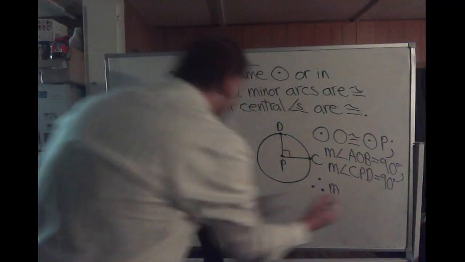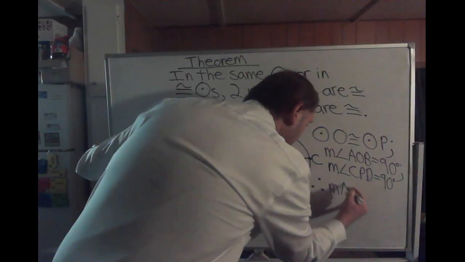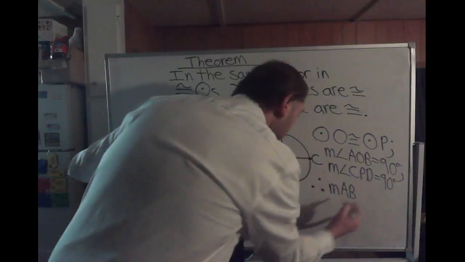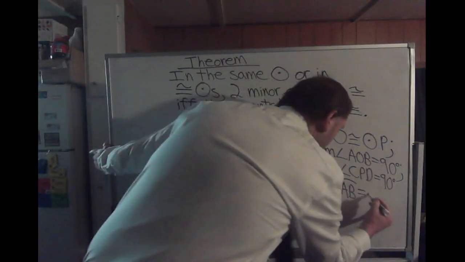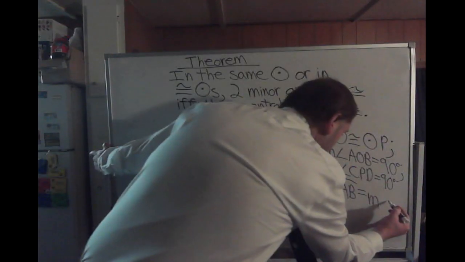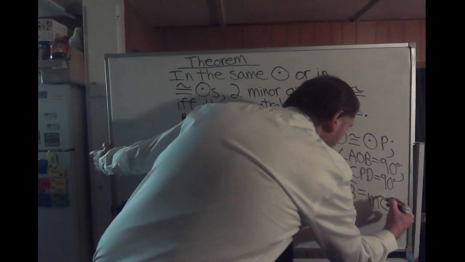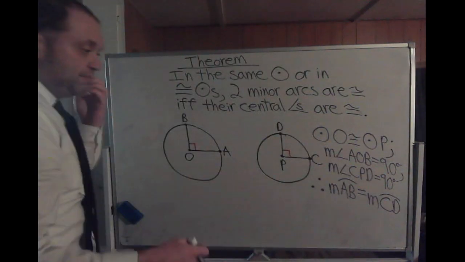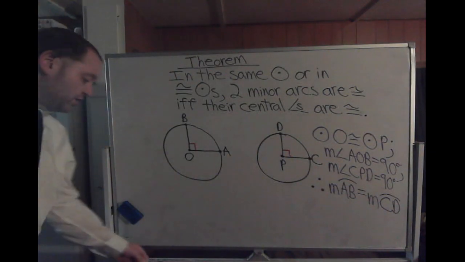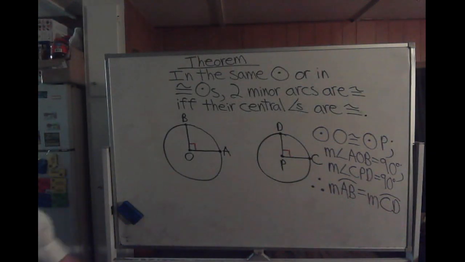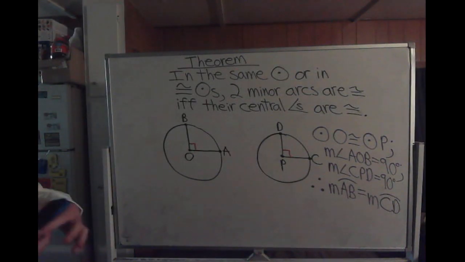the measure of minor arc AB is equal to the measure of minor arc CD. Or you could just simply say arc AB is congruent to CD. Again, we know that congruent and equal really mean the same thing. It's just a different way of writing it. So that's how that theorem works.